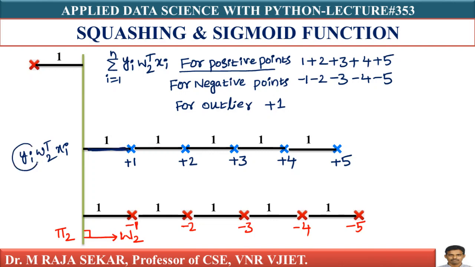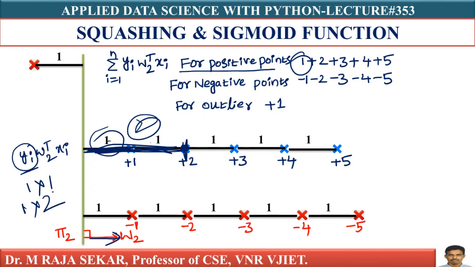This yi is positive because it is in the direction of W2. Therefore, this is positive into this distance, which is 1 unit. Therefore, 1 into 1. What about this particular point? For this particular point, yi into W2 transpose xi, this label is positive, 1 into W2 transpose xi, the distance from the plane is 1 plus 1, 2.